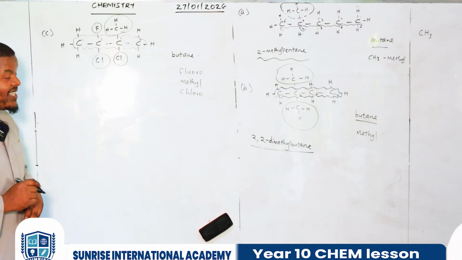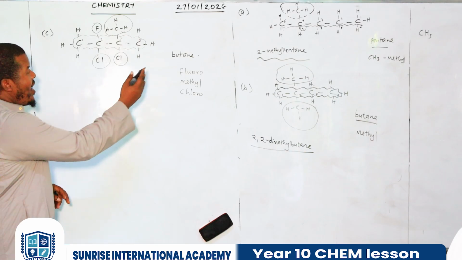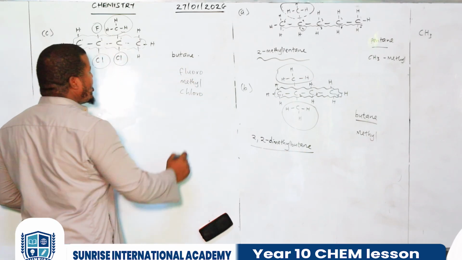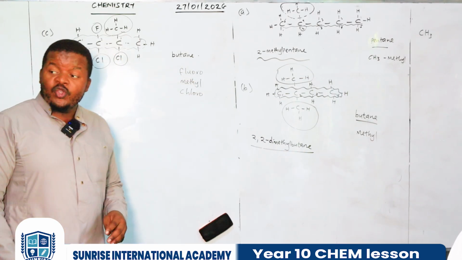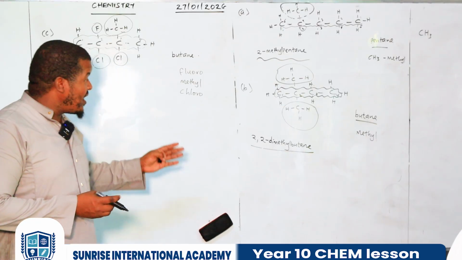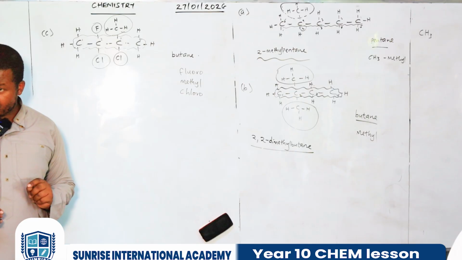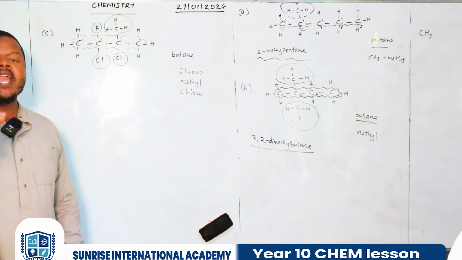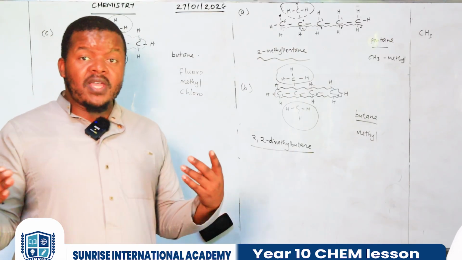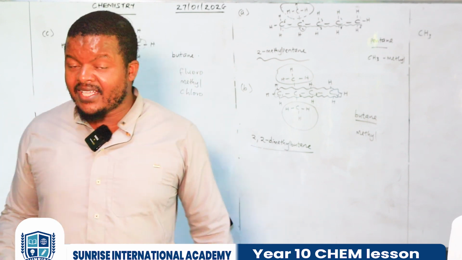But here is a question. How should I arrange my side chains? Which one should I begin with? That is why we are going to go back to our rules of naming. We said the names of the side chains must be arranged alphabetically.